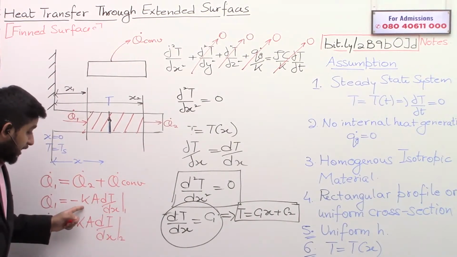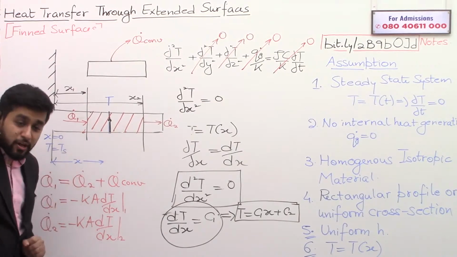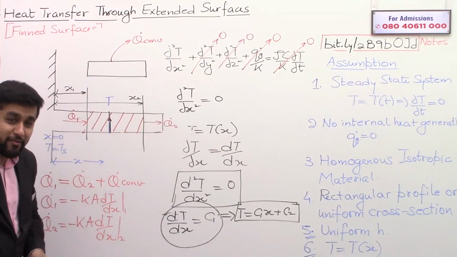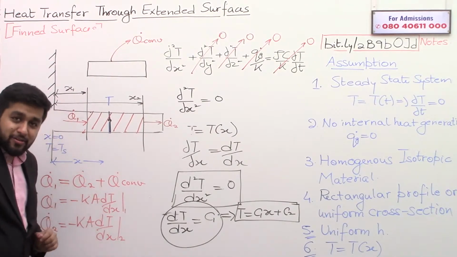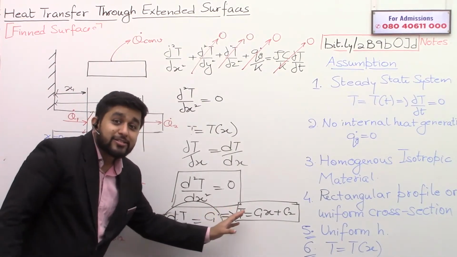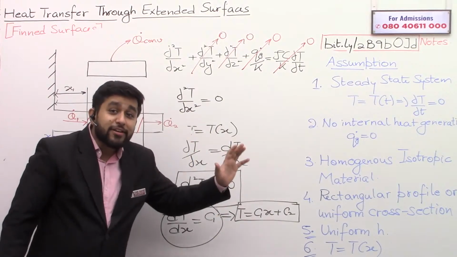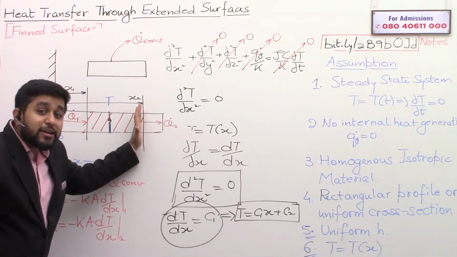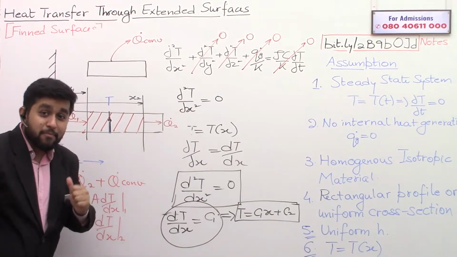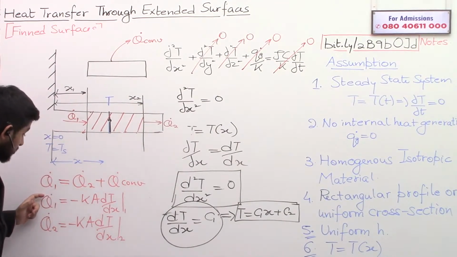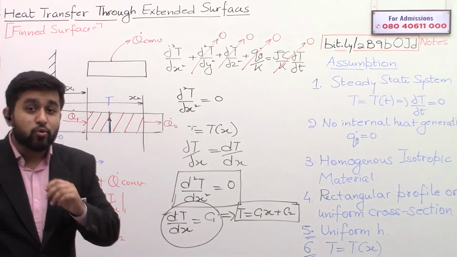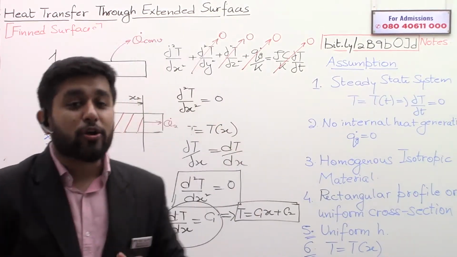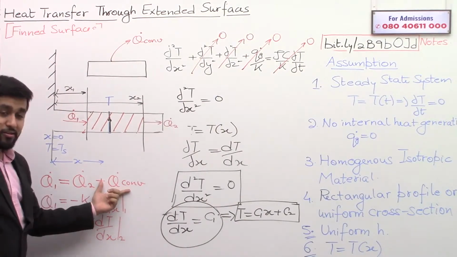Now check, K is the same because of homogeneous material. Area is also the same because we are talking of a rectangular profile. Now what about dT/dx? dT/dx is a constant, so everywhere dT/dx is the same. So dT/dx for section 1 and for section 2 are the same. This means Q dot 1 should be equal to Q dot 2.